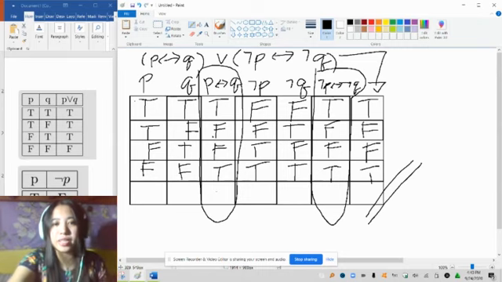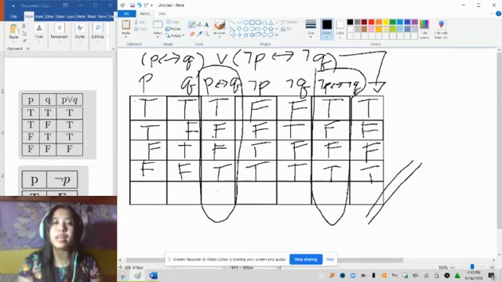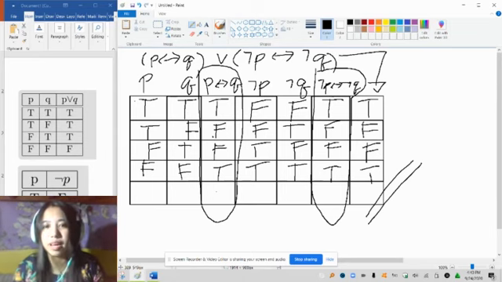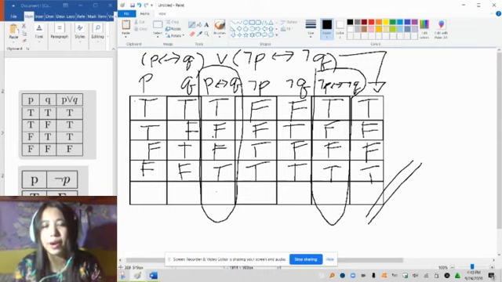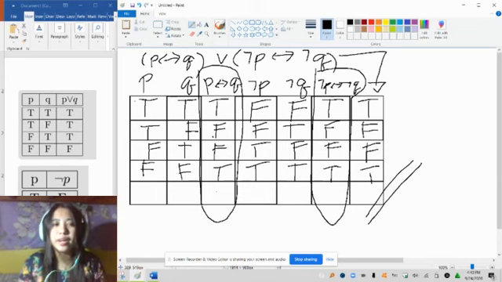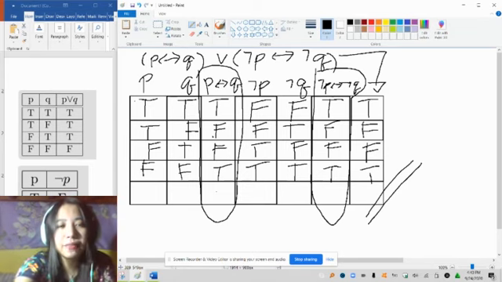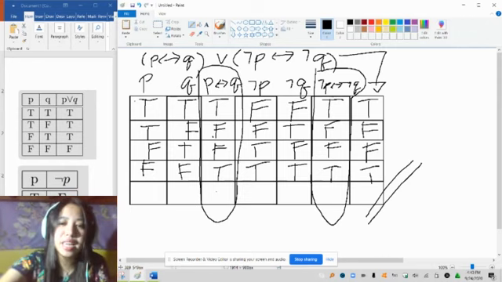And then we also answered what is not P and not Q before answering not P if and only if not Q. And then finally, based from the answers, we also now get the answer for the whole statement. So the answer is T F F T.